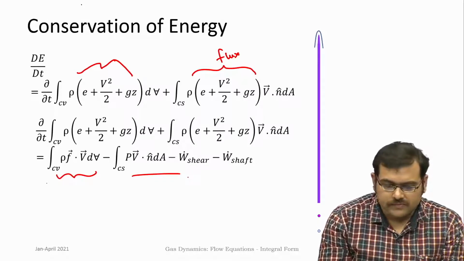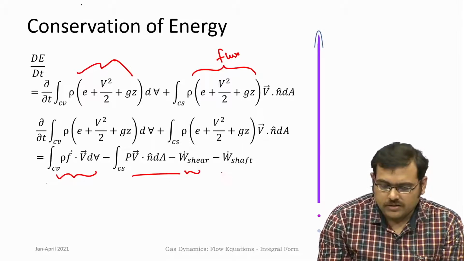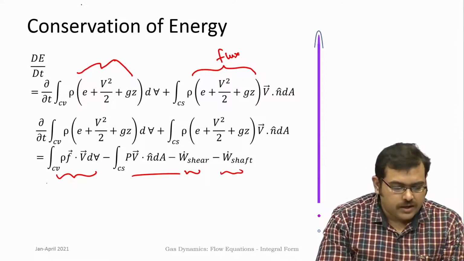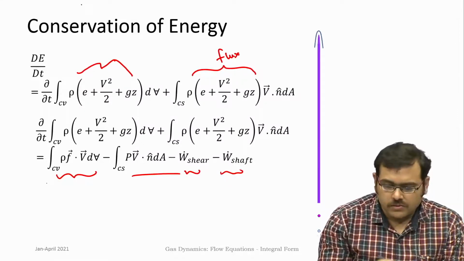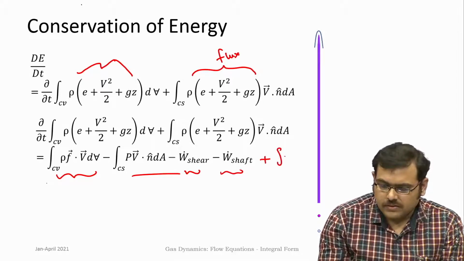and also you have the work done by shear as well as that of the shaft, and also there is the term due to the heat. Okay, so that is Q dot dV, that is control volume.